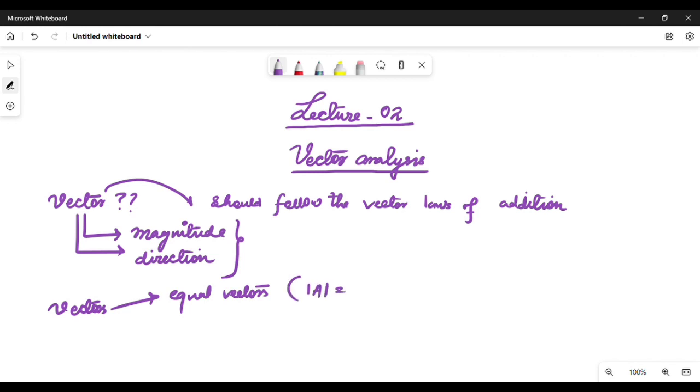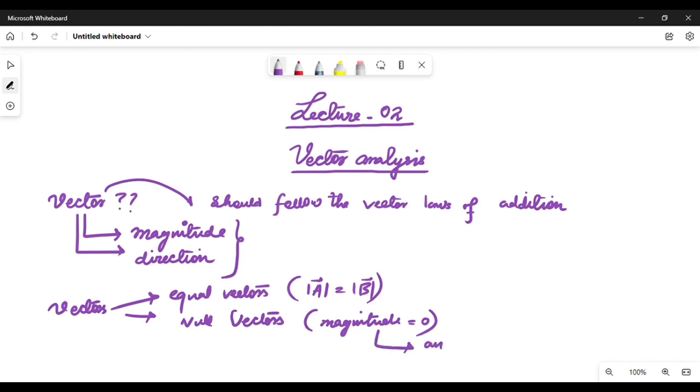Suppose A and B are two vectors, then magnitude of A is equal to magnitude of B. Then there is the null vector whose magnitude is 0, and there is also a property that it is present in any arbitrary direction. So this is a null vector.